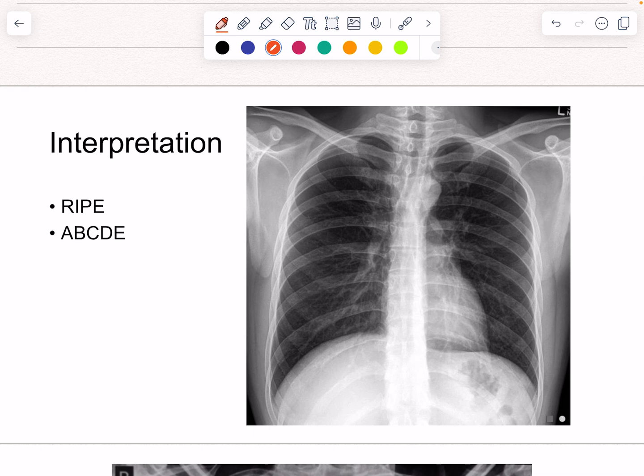Are there any previous chest x-rays, or is there a specific indication for ordering this chest x-ray? And I'll also check the date and time of this chest x-ray. Okay, let's assume that all of that information is given by the examiner.